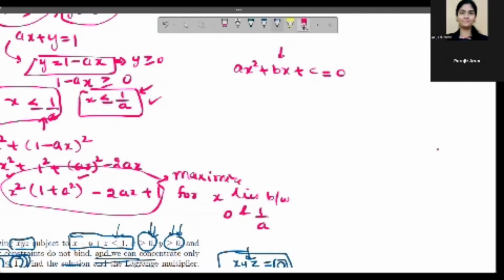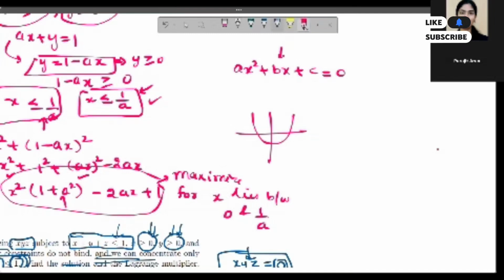Correct. So this is 1 plus a square, the coefficient of x square. Now I know it is positive, so the parabola is opening upwards, right?